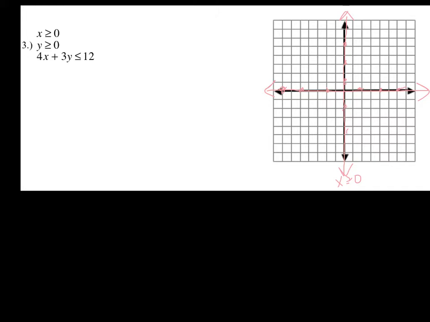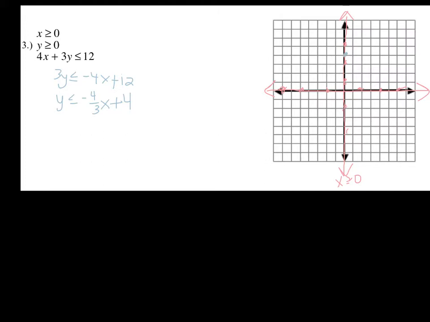Now the third line needs to be solved for y in order to graph it. And so I'll subtract the 4x to the other side. I'll divide everything by 3, and I'll have -4/3 x plus 4. So I'll start up at 4.